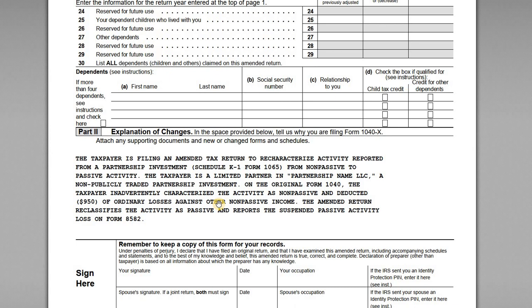They're treated differently for these rules than any other non-publicly traded entity. On the original Form 1040, the taxpayer inadvertently characterized the activity as non-passive and deducted $950 of ordinary loss against other non-passive income. The amended return reclassifies the activity as passive and reports the suspended passive activity loss on the 8582.